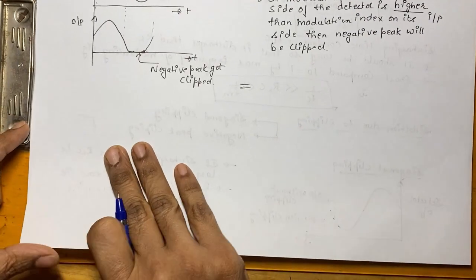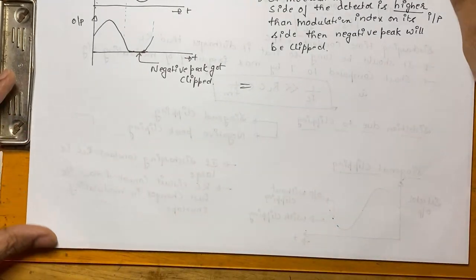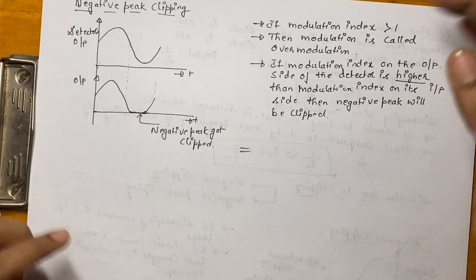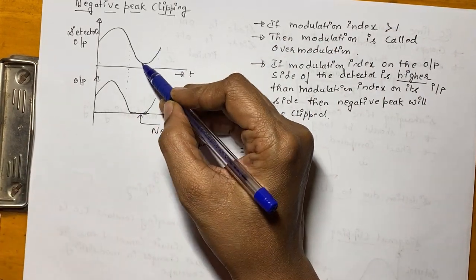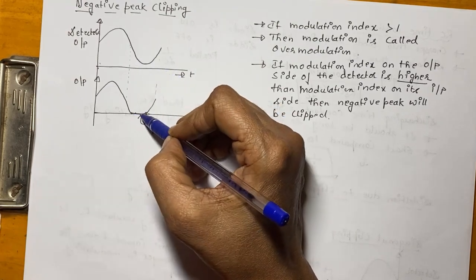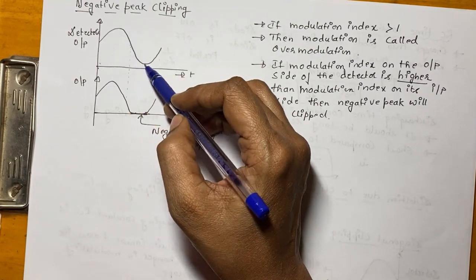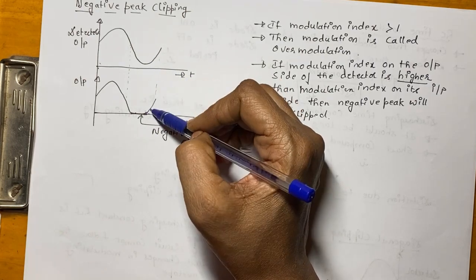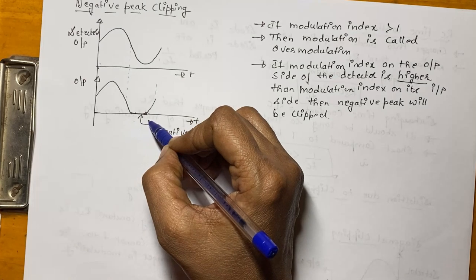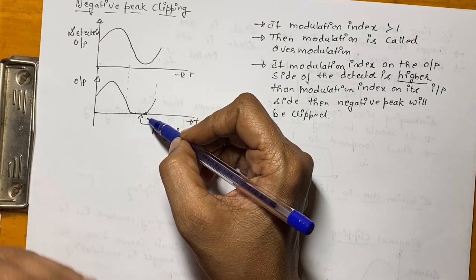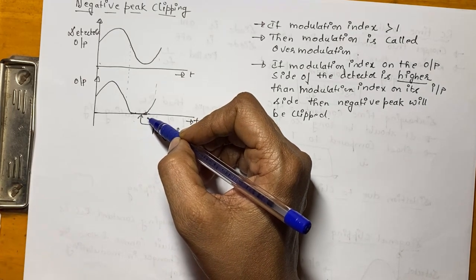And the next one is negative peak clipping. In this negative peak clipping, we can see that this negative wave is being clipped off or removed. You can see two signals wherein it is clearly showing that the negative form is being clipped off, which means that some of the information will be removed.